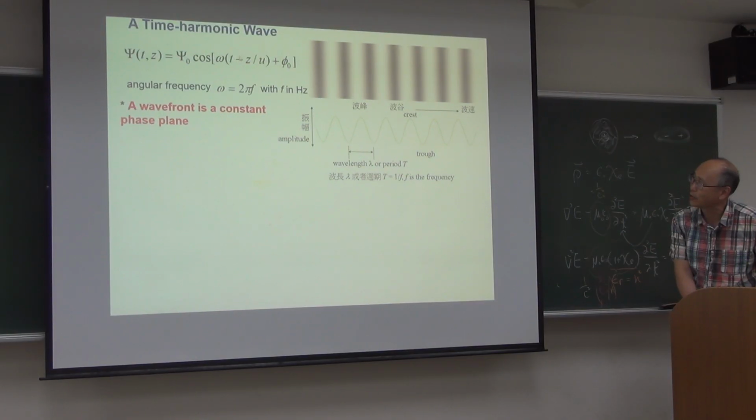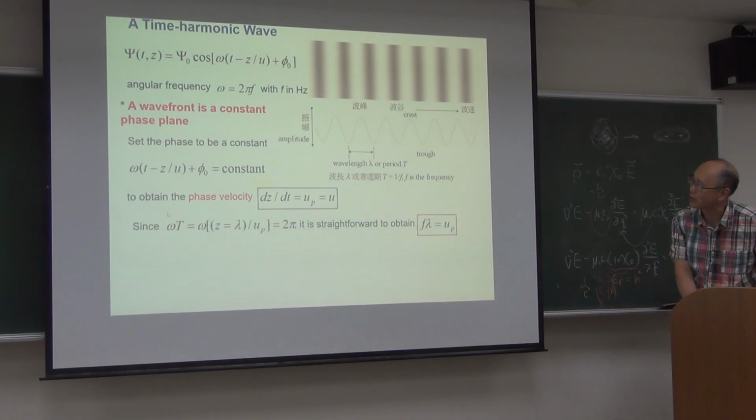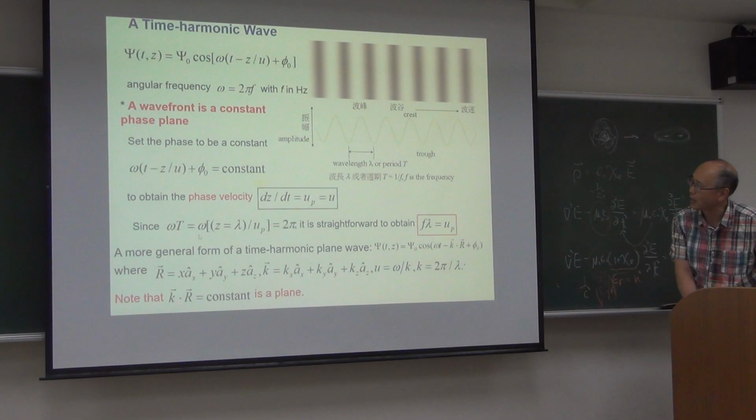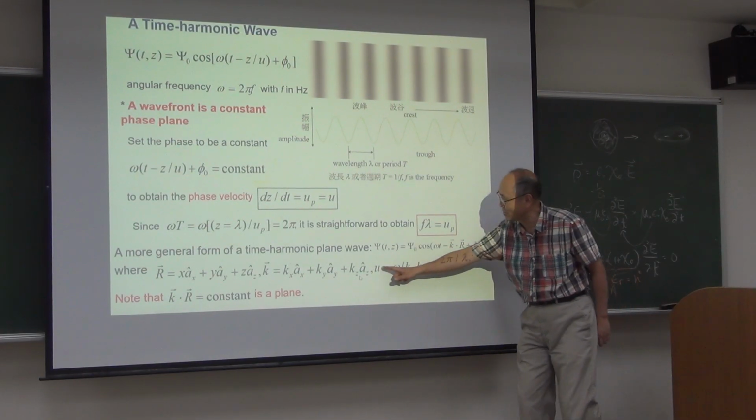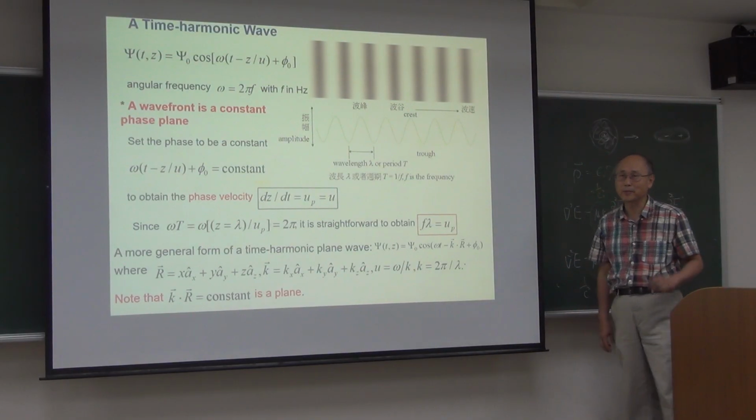And in this form, you know that this is the angular frequency. And then this omega over u is going to give you the wave number. Okay, omega over u is going to give you the wave number.